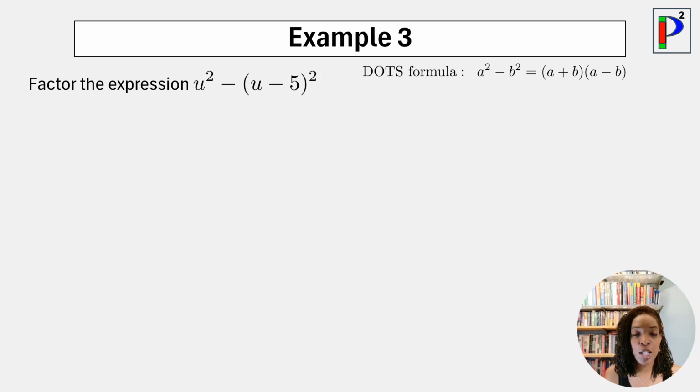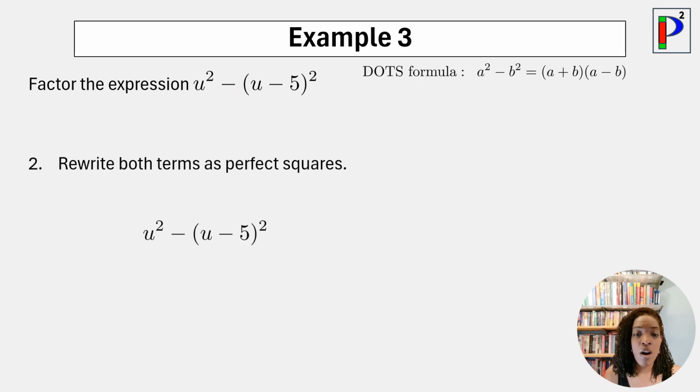Let's try another one that looks a little complicated, but it's more straightforward than it seems. I'm checking for a GCF, and I don't have one. I'm going to double check my requirements because this one looks weird. I have 2 terms, u squared and u minus 5 squared, so this is a binomial. This is a difference, and both terms are perfect squares, so this actually is a difference of 2 squares problem. So I'll just rewrite, already done for me.